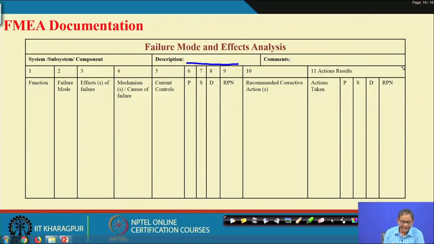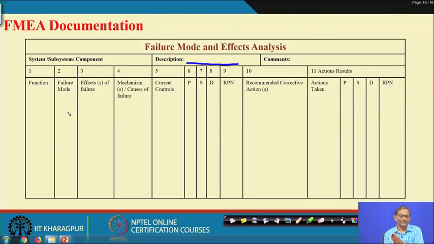Okay. So, then you see that there are 11 different items that are to be filled up. The component, whichever you have chosen, either component, subsystem, system, what function it will perform, and then what are the failure modes. There can be many failure modes. You have seen in the compressor system, what is its function?